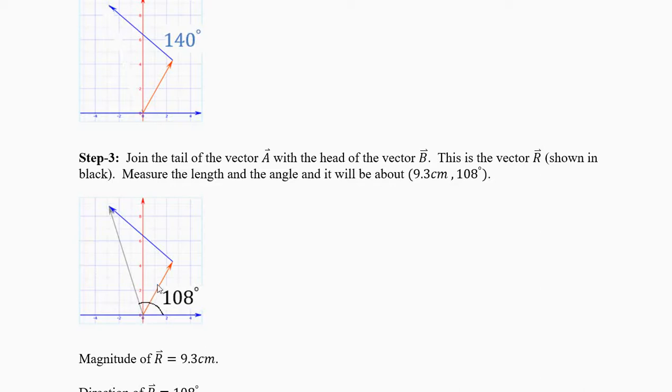Corner is the starting point of the vector A. Then you will measure this full black angle, which is 108 degrees exactly. I'll tell you why it is exactly 108 degrees after some time. Measure the length here, you will get about 9.3 centimeters and 108 degrees.